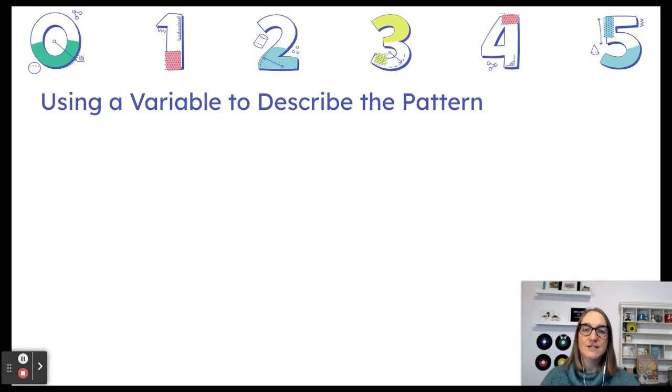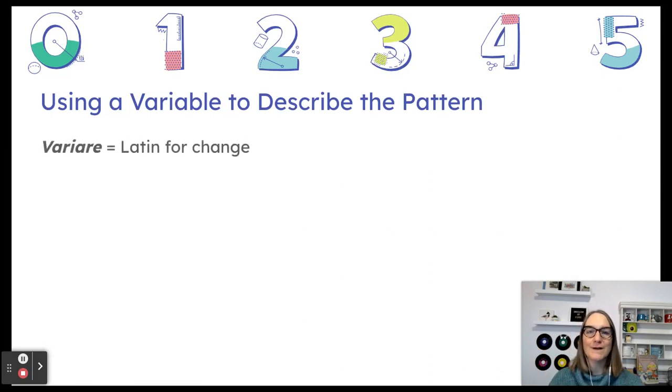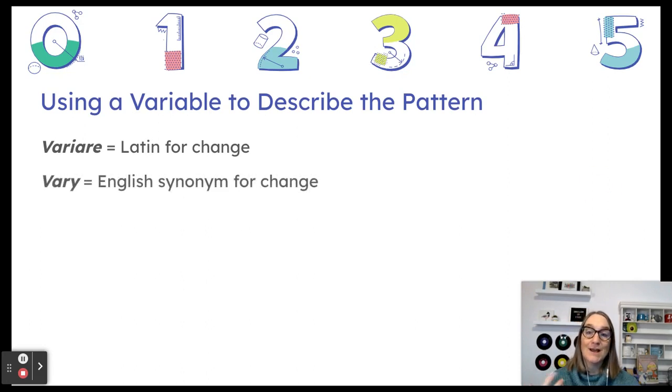Let's take a little detour here. Guess what language we get the word variable from? Well, it is our old friend Latin. The Latin word variare means to change. And the word vary is an English word that also means to change. So we use varieties of the word vary in various ways in English.